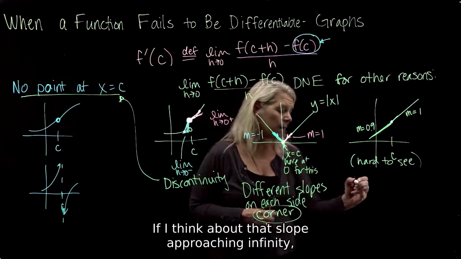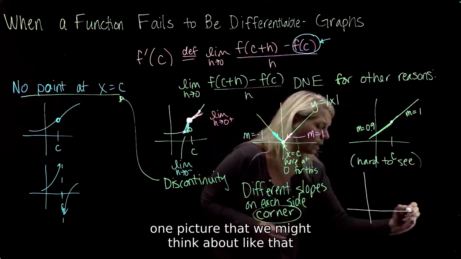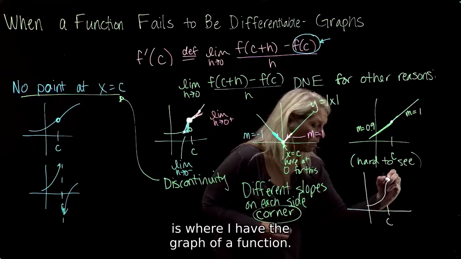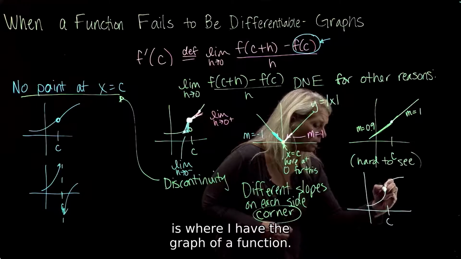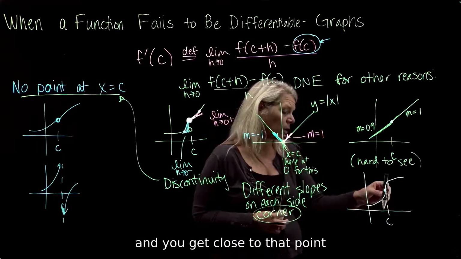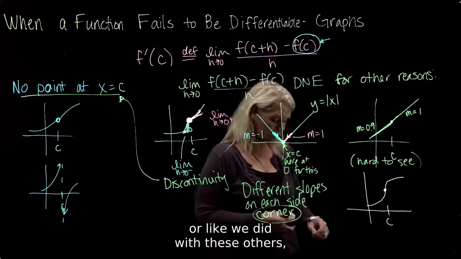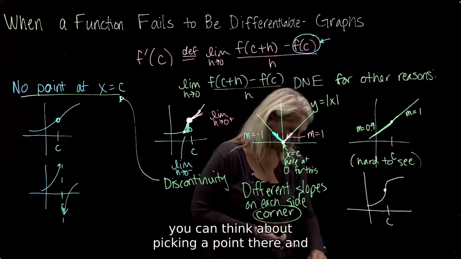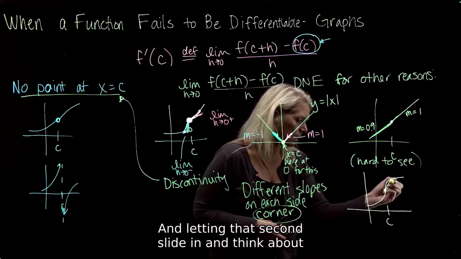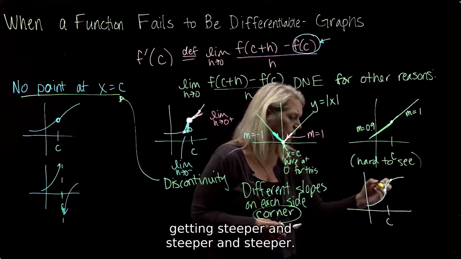And so if I think about that slope approaching infinity, one picture we might think about is a graph of a function where, as you come along this curve and get close to that point and then move back along there, or like we did with these others, you can think about picking a point there and then another point on one side or the other and letting that second point slide in, and think about those slopes of those lines getting steeper and steeper and steeper.